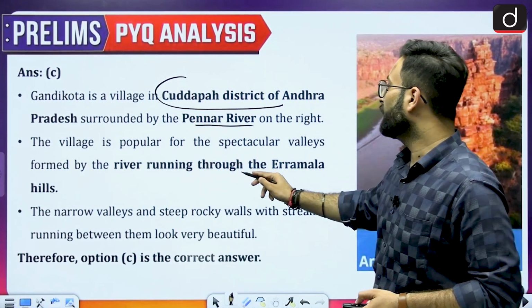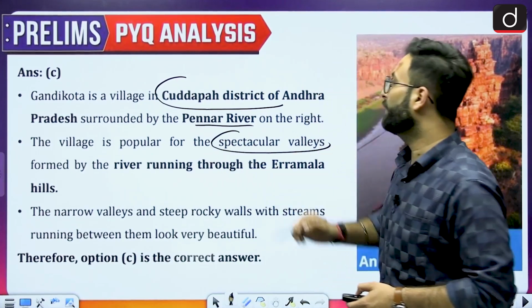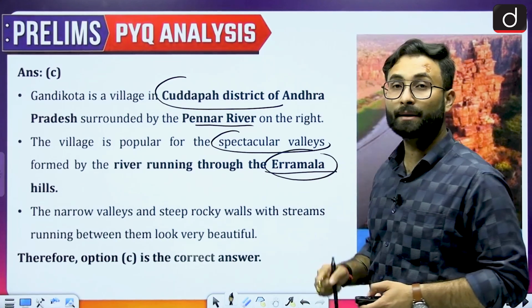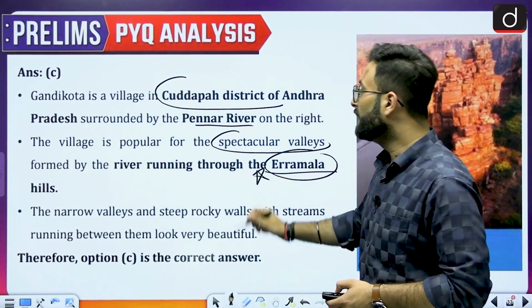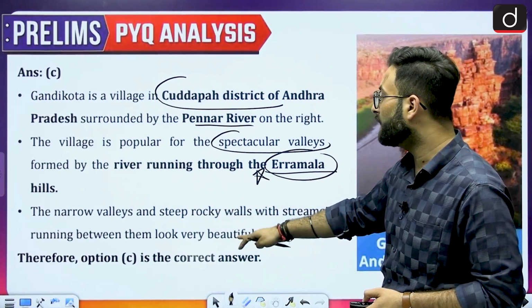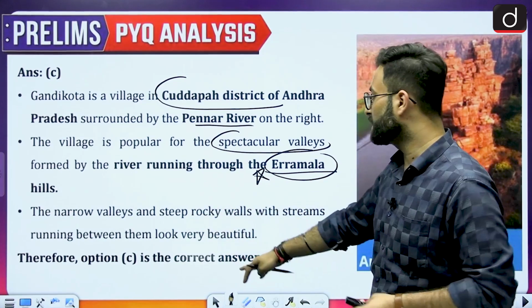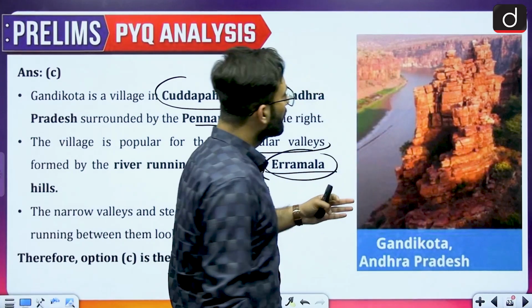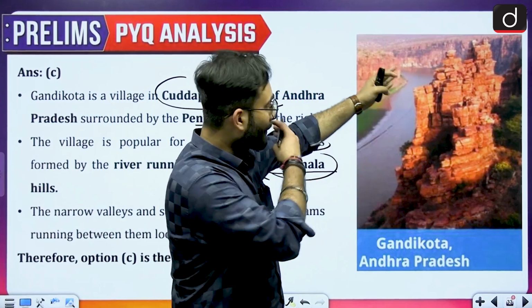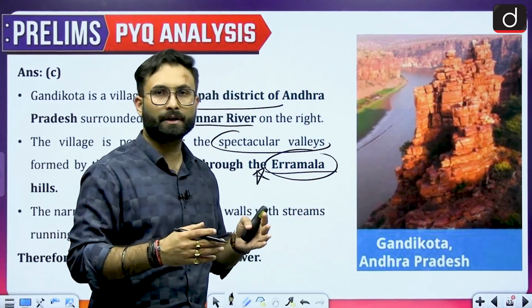The village is popular for the spectacular valley formed by the river running through the Erramala Hills. Erramala Hills becomes important for you. The narrow valley and the steep rocky walls with the stream running between them look very beautiful. This is what is called a canyon.